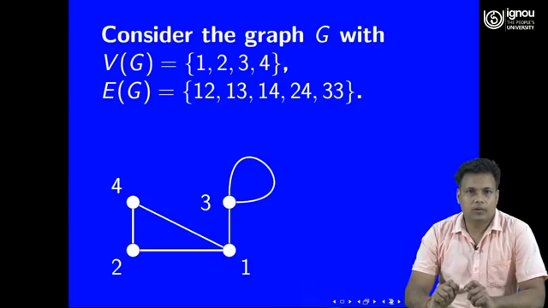For example, the edge {1,2} is just the edge that connects the vertices 1 and 2. Likewise, the edge {1,3} connects the vertices 1 and 3. You can see that the edge {3,3} has both endpoints equal, that is, it has just one endpoint, namely 3. In that case, we start the line and end at the same vertex.